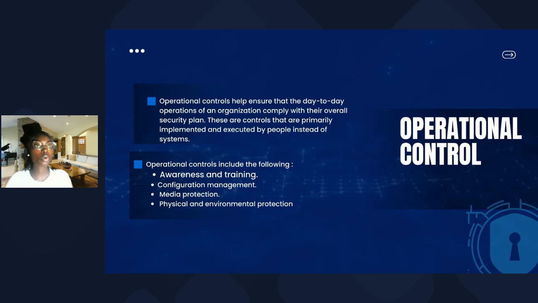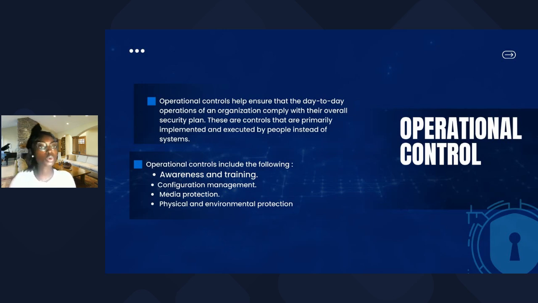They should understand even common cyber threats like phishing and malware. This way you can help them understand that they don't have to click on malicious links and all that, right? This is under the operational control category.